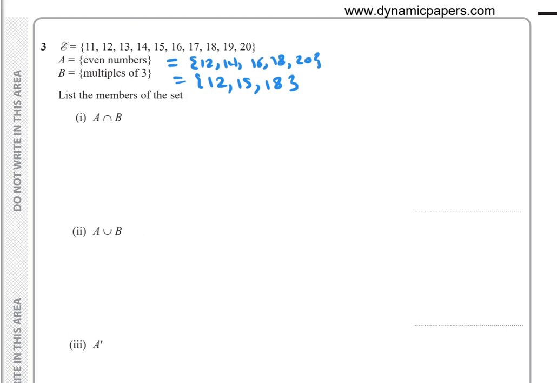List the members of the set A intersect B. A intersect B is the common elements between A and B, we have 12 and 18. A union B is all the elements in A or B without repeating, so 12, 14, 16, 18, 20, and 15.